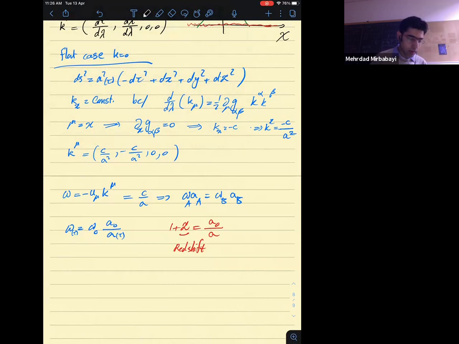So in particular, at the current time, at tau equal tau naught, this ratio is equal to 1, and redshift is 0. So now there is 0 redshift, and then as we go to the past, this ratio grows, it becomes larger than 1, and therefore z grows.